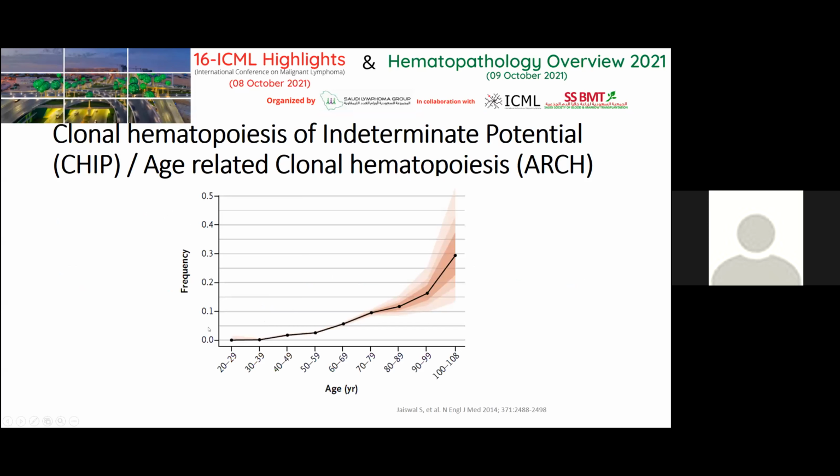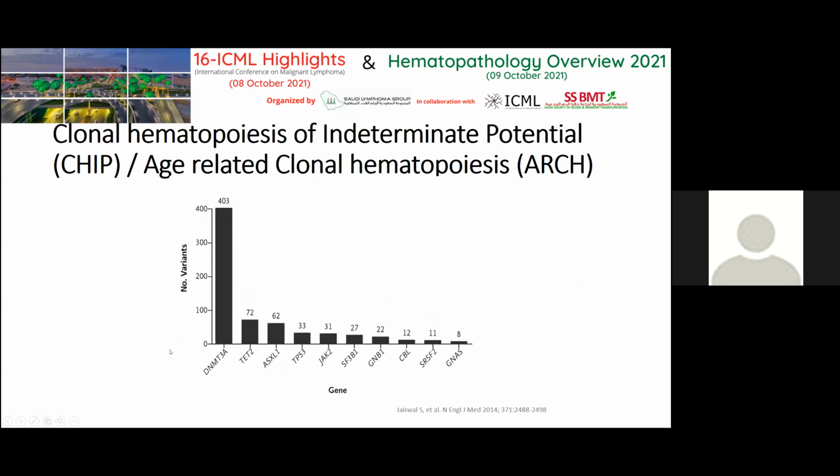This paper was published in 2014 and demonstrated that mutations discovered by whole exome sequencing were very rare in persons younger than 40 years of age, but rose in frequency with each decade of life thereafter.